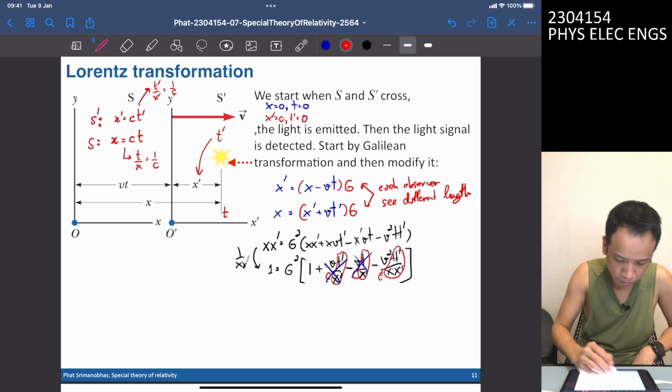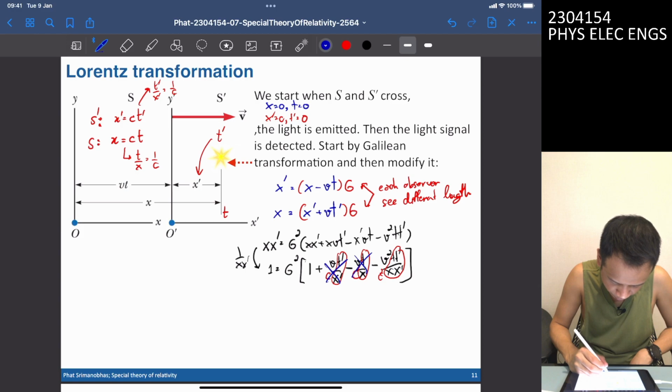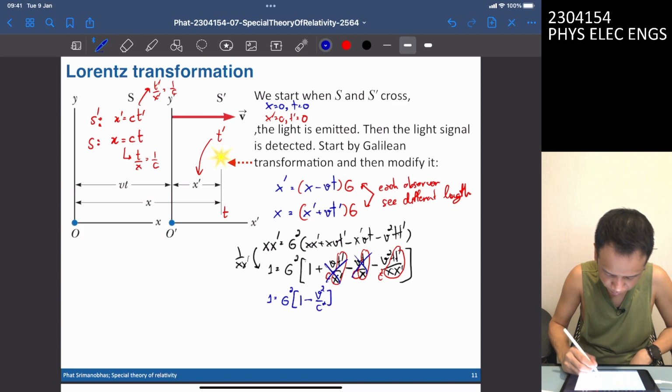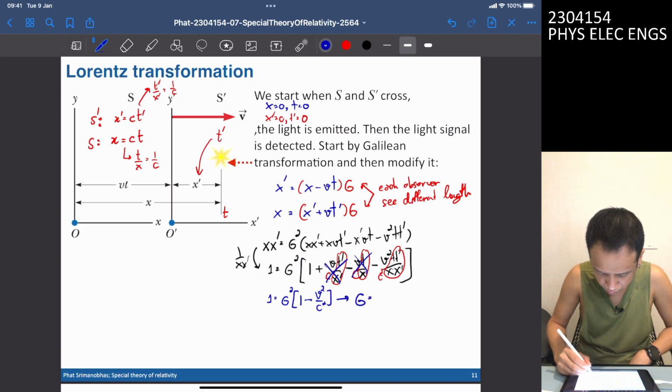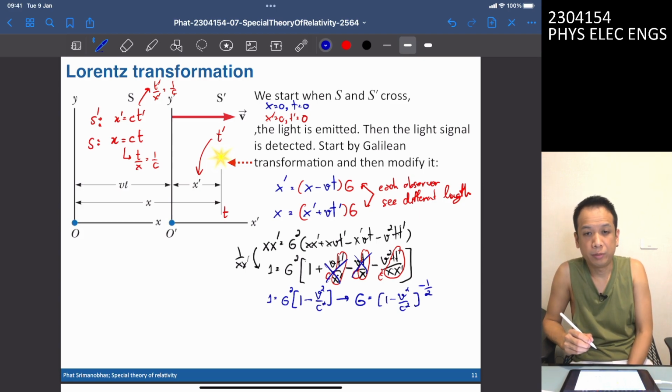So finally what you get is 1 equals g square times 1 minus v square over c square. Then g equals 1 minus v square over c square to the power of minus half.